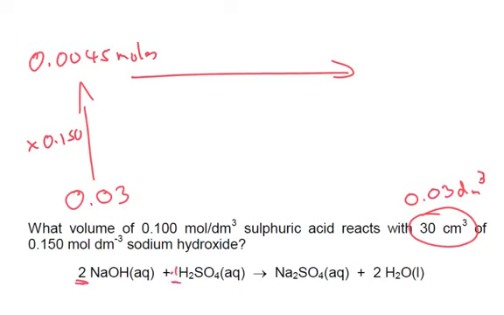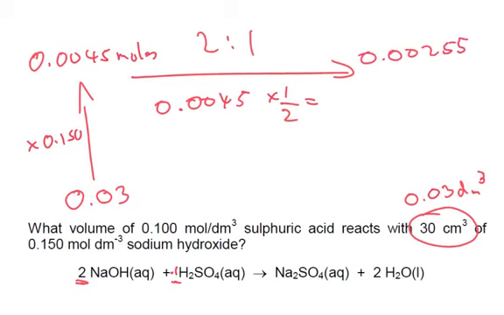Okay, next up, let's have a look at the ratio, and the ratio is 2 to 1. So here we've got 2 to 1, so 0.0045 times 1 divided by 2, and we get 0.00255 moles. Then lastly, we want to work out the volume, so we're going to divide by 0.1 here.